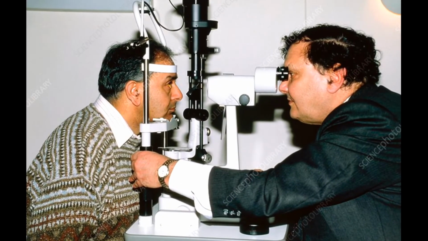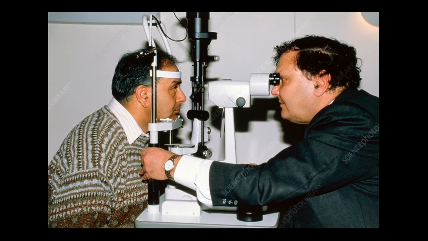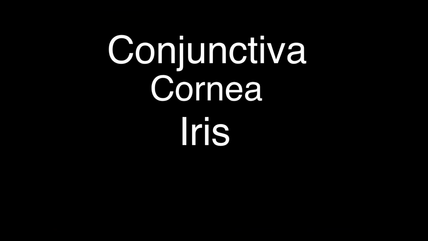Slit lamp examination should not only concentrate on evaluating the lens opacity but the other ocular structures as well, such as the conjunctiva, cornea, iris, and anterior chamber. Corneal thickness and the presence of corneal opacities, such as corneal guttate, must be checked carefully. Appearance of the lens must be noted meticulously before and after pupillary dilation.